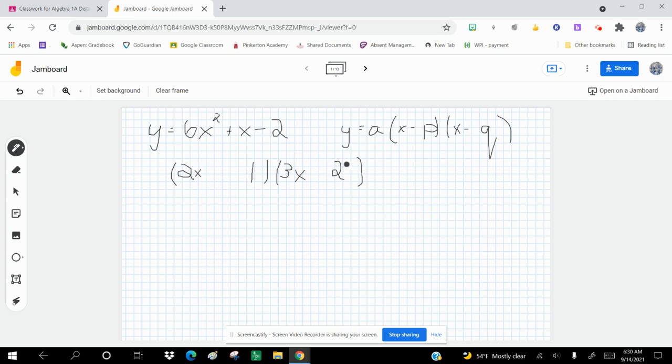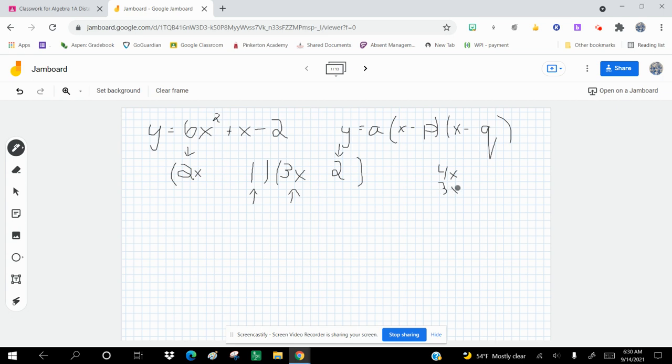Now the check part is I'm going to multiply my two outside terms and see if when I add or subtract them to my two inside terms, will I possibly come up to a positive x? So if I multiply those two terms together, I'm going to get a 4x. And if I multiply my inside terms together, I get a 3x.